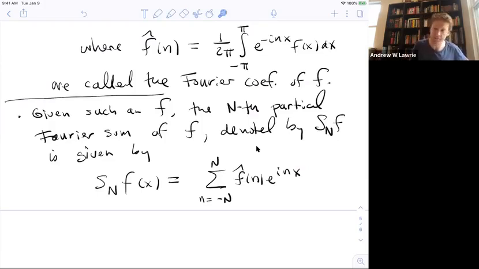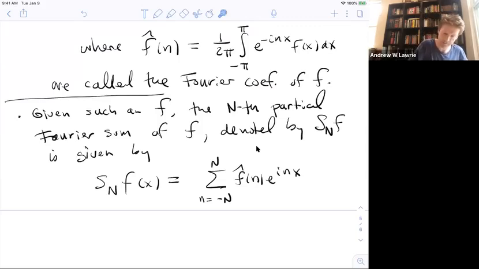This is the partial sum, and of course the first question that comes to mind after taking an analysis class is, in what sense do these partial sums converge? Remember, when you ask whether an infinite series converges, the question is really about the sequence of partial sums. So in what sense does the sequence of Nth partial Fourier sums converge?